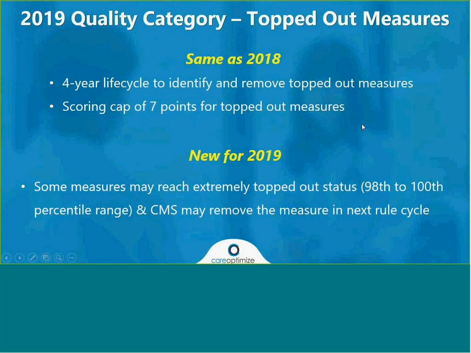Okay, topped-out measures. What's going to stay the same? You're going to have a scoring cap of 7 points for topped-out measures, and they're going to have a full-year life cycle if they want to remove these topped-out measures.